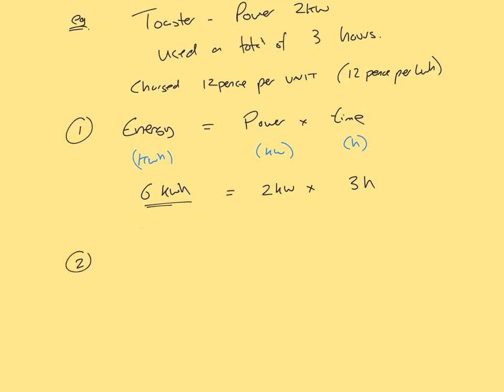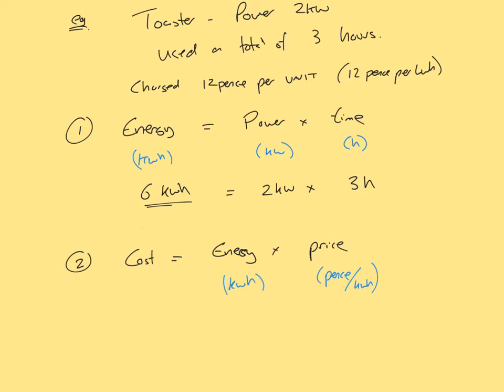Step 2, we now need to work out the cost. So the cost is equal to the amount of energy used multiplied by the price. And again, thinking carefully about the units, if the energy needs to be in kilowatt hours and the price needs to be in pence per kilowatt hour, we've already worked out the energy in kilowatt hours, no problem, and here is the price, pence per kilowatt hour.